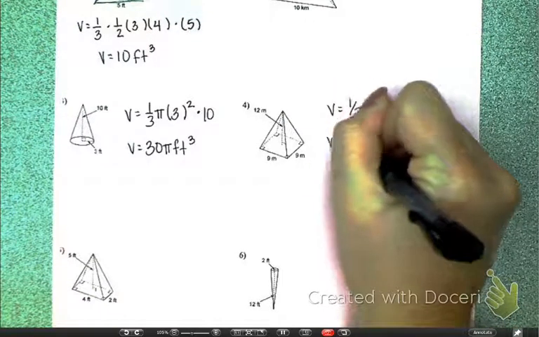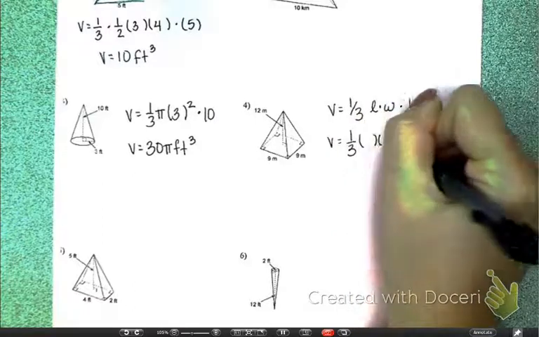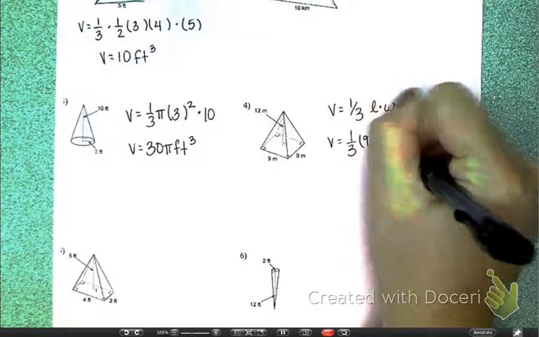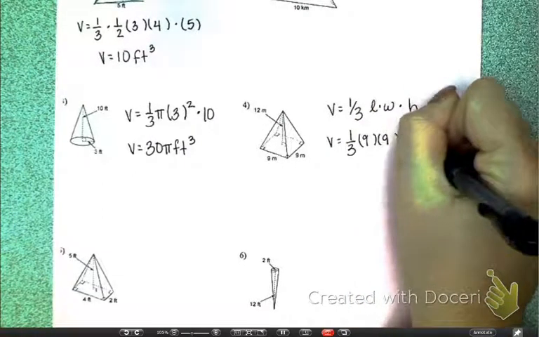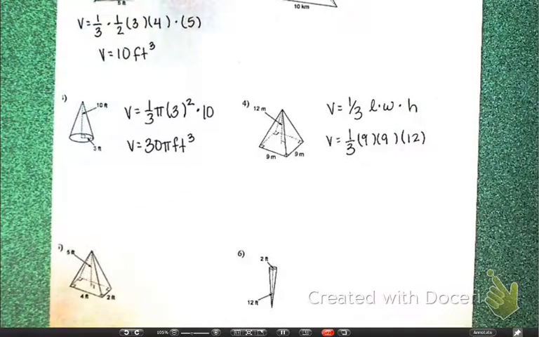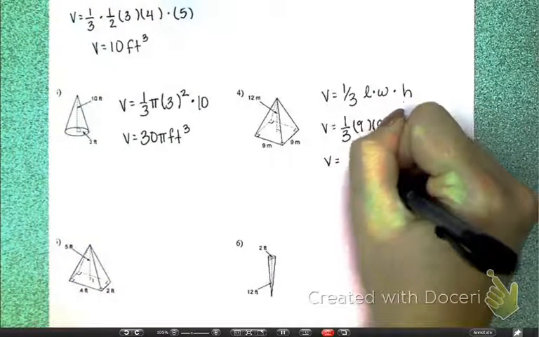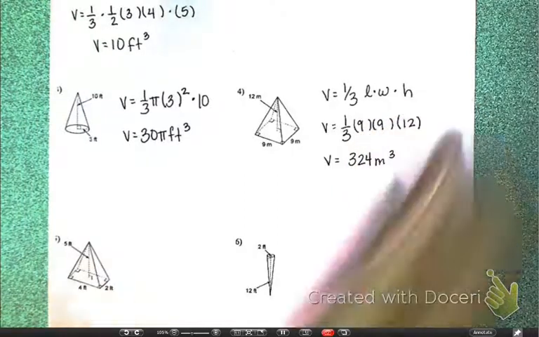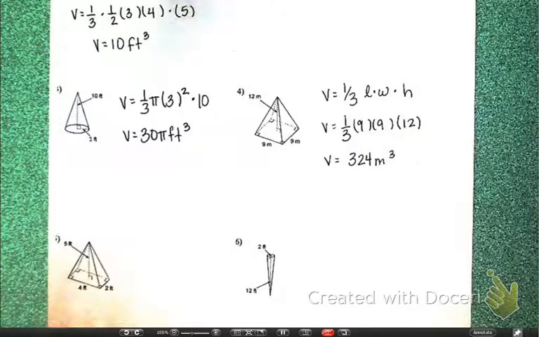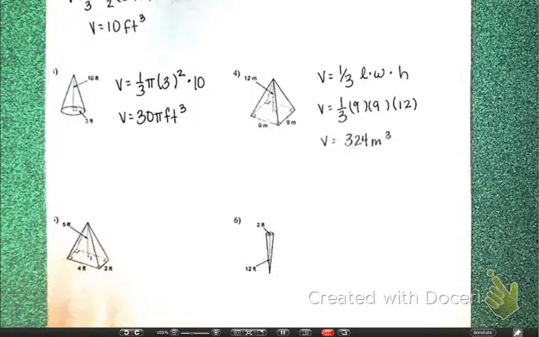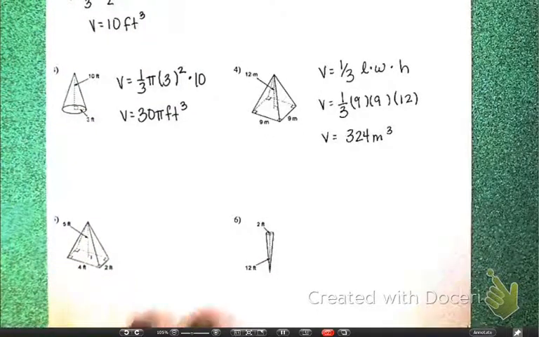What is the length and the width of my square? 9. What's the height of the whole thing? 12. So 9 times 9 times 12, all divided by 3. You should have gotten 324 meters cubed. Still good? Okay.